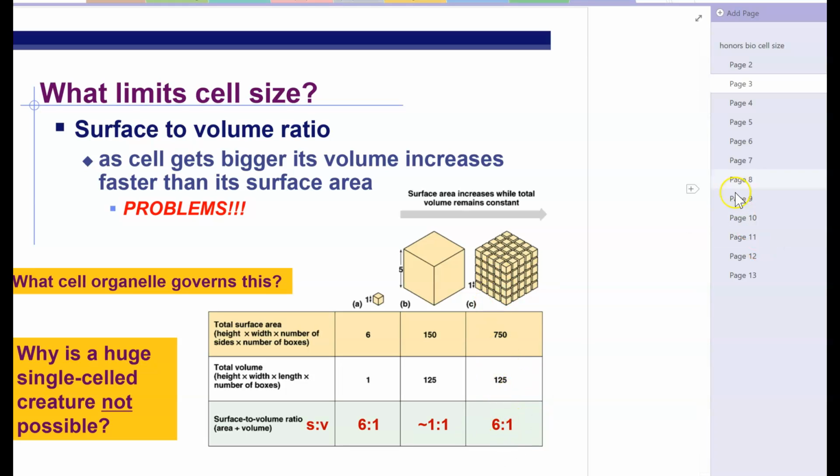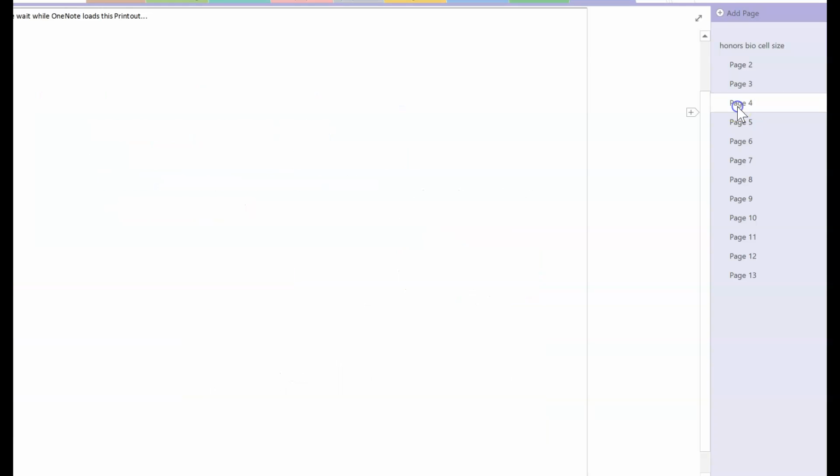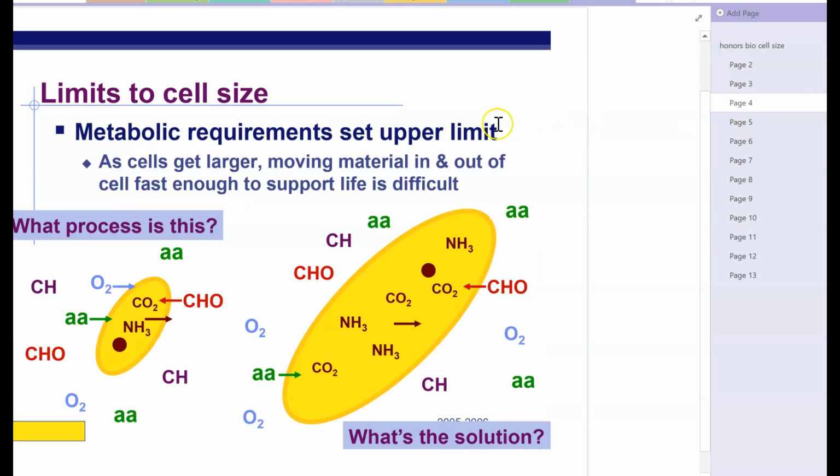And this is something that you're going to work on next when you're working with the packet. So metabolic requirements set an upper limit. As the cell gets larger, moving materials in and out of the cell fast enough to support life is difficult. This is really the main reason for cells to remain small.